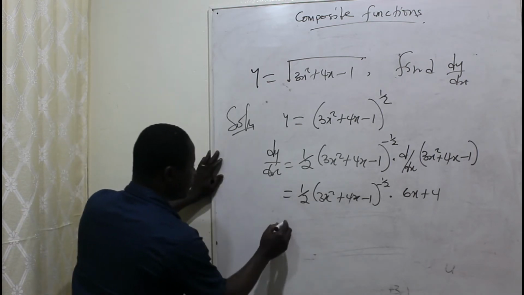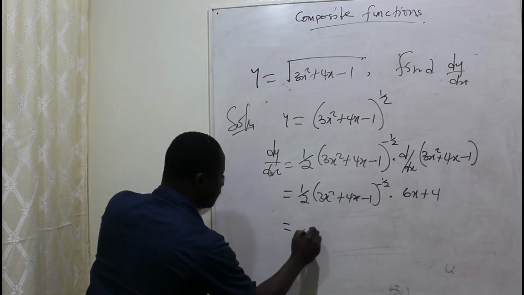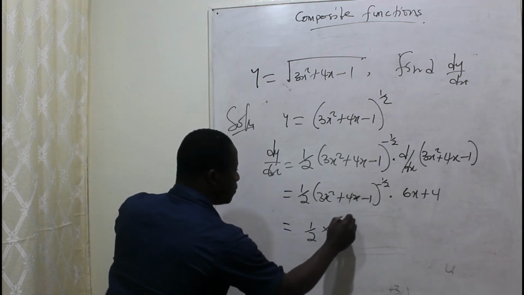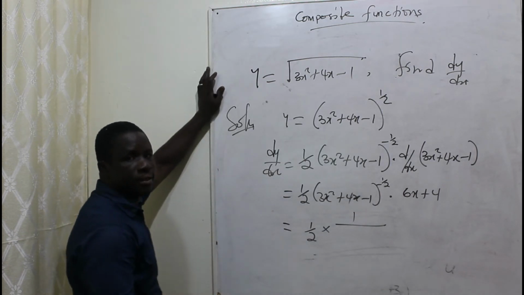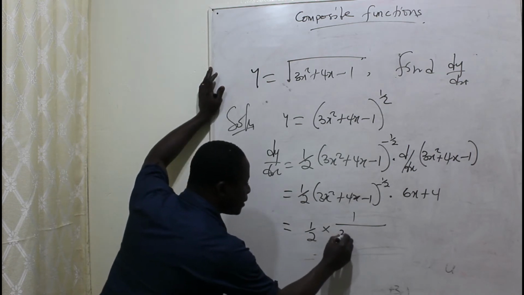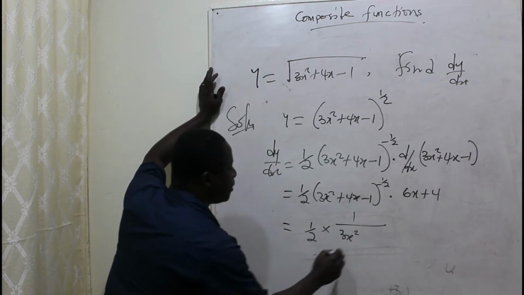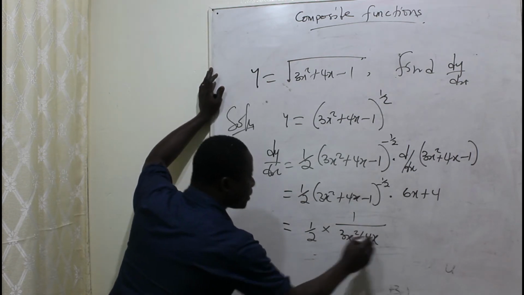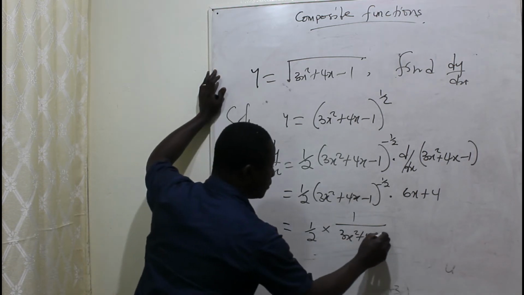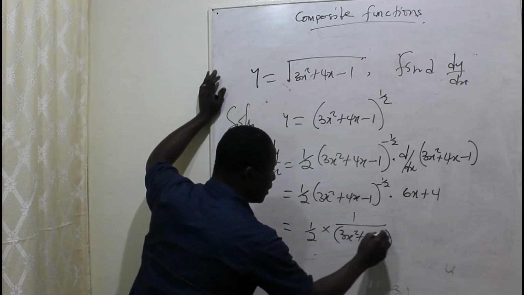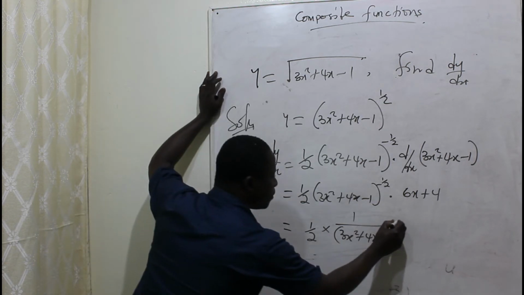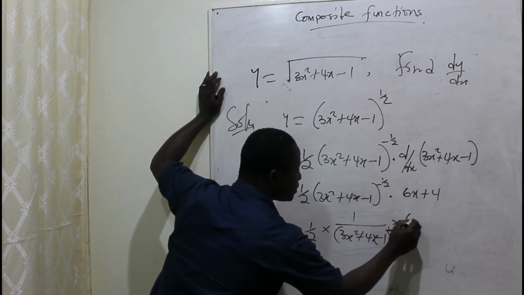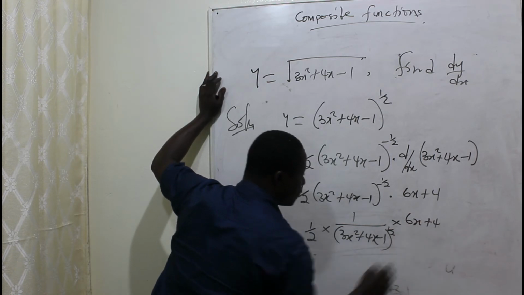We now have half times 1 over, the negative index can change to positive, so it becomes 1 over (3x squared + 4x - 1) all power half. Then it will also multiply by 6x + 4.